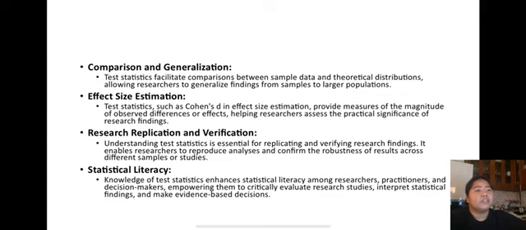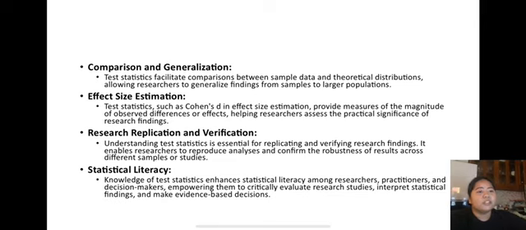Research replication and verification. Understanding test statistics is essential for replicating and verifying research findings. It enables researchers to reproduce analyses and confirm the robustness of results across different samples or studies.